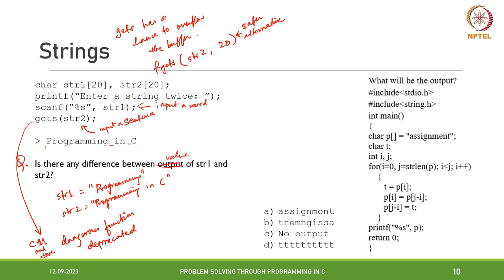There is no buffer limit that has been set internally, so there is no limit of characters that it can take. If you enter hundreds and hundreds of characters, it will try to allocate space for that, and it is possible that it will overflow the input buffer.